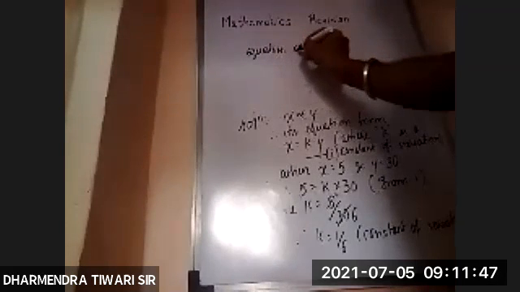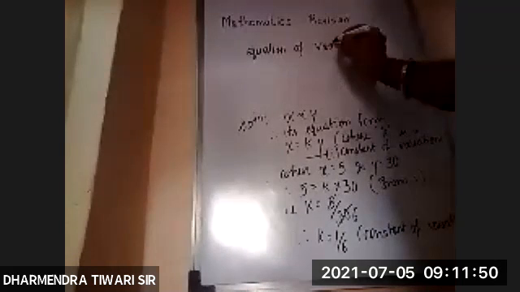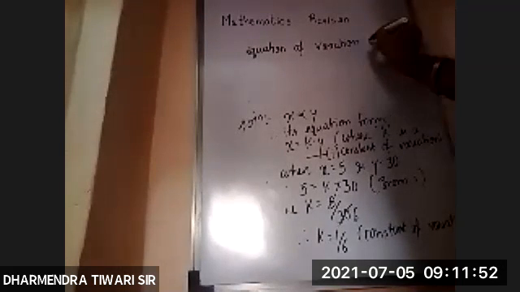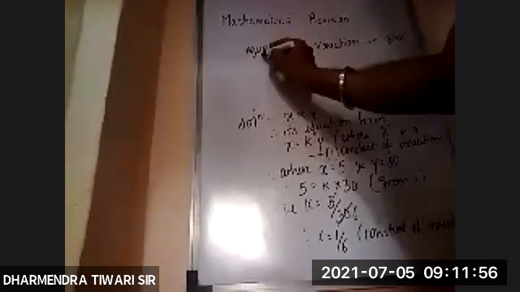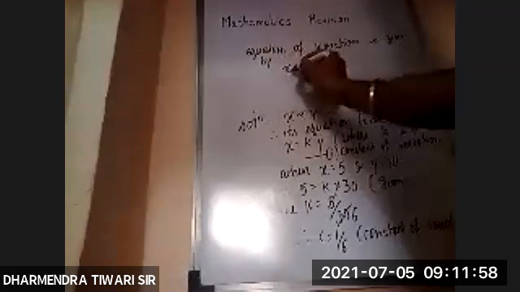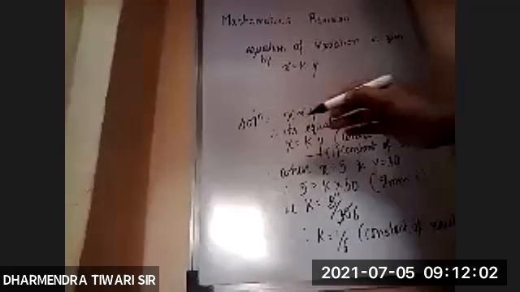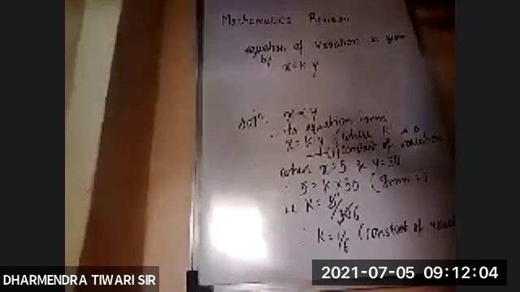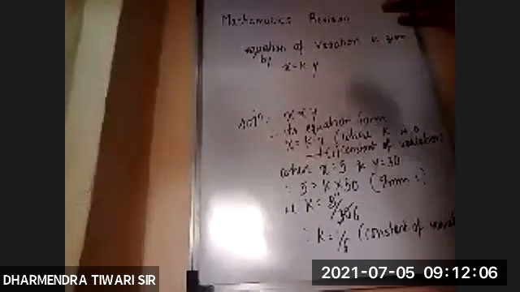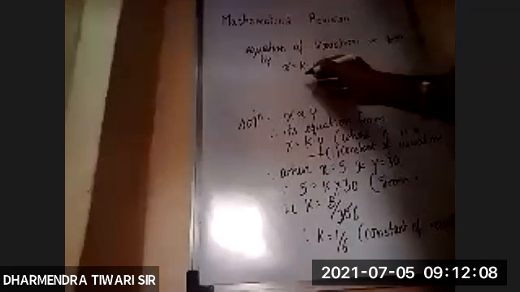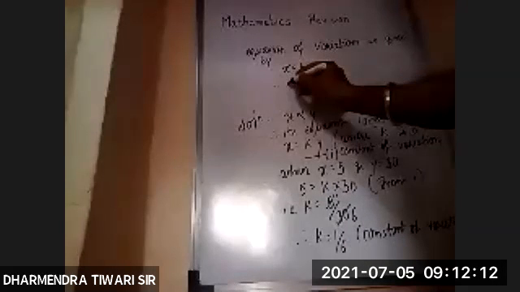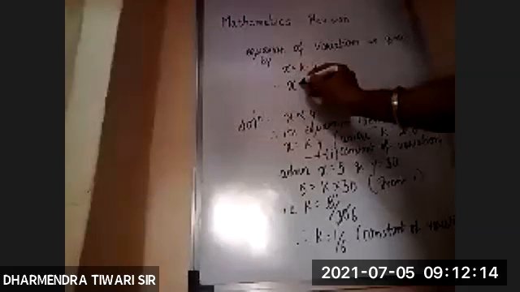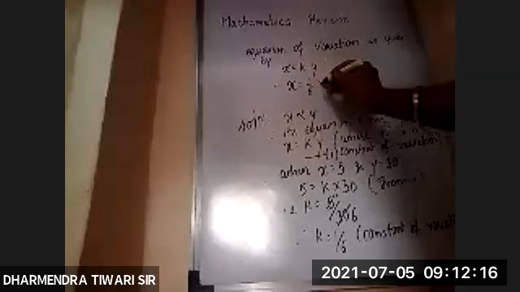The equation of variation is given by x equal to k into y. We know this very clearly. So x is equal to, we know the value of k is 1 by 6, into y.